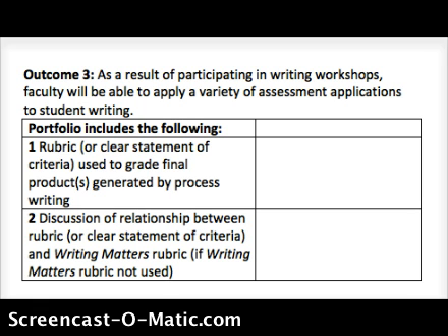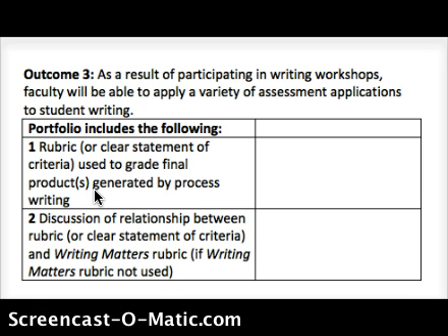Outcome 3 gets more specific about the rubrics. It says you've got in your portfolio the rubric or the clear statement of criteria, which is, after all, what a rubric is. You've got that in your portfolio, what you use to grade the final product generated by process writing. In other words, your students are going to do 5 pages of process writing. You're going to evaluate that, grade it in some way.